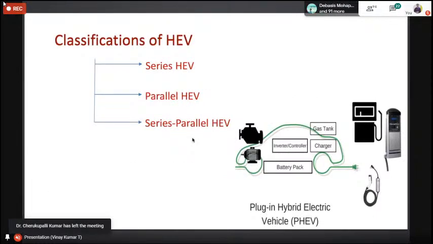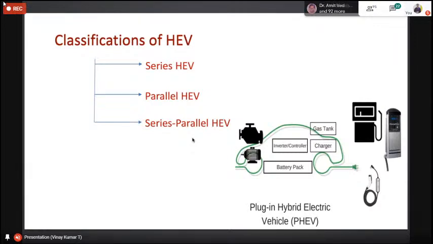So generally, hybrid electric vehicles are classified into three parts. One is series hybrid electric vehicles, parallel hybrid electric vehicles, series parallel hybrid electric vehicle. Nowadays, many of the industries are concentrating on hybrid electric vehicles only. Coming to the application point of view, the number of pure electric vehicles in practical applications is less. The reason is there is still a lot of research going on the battery side.